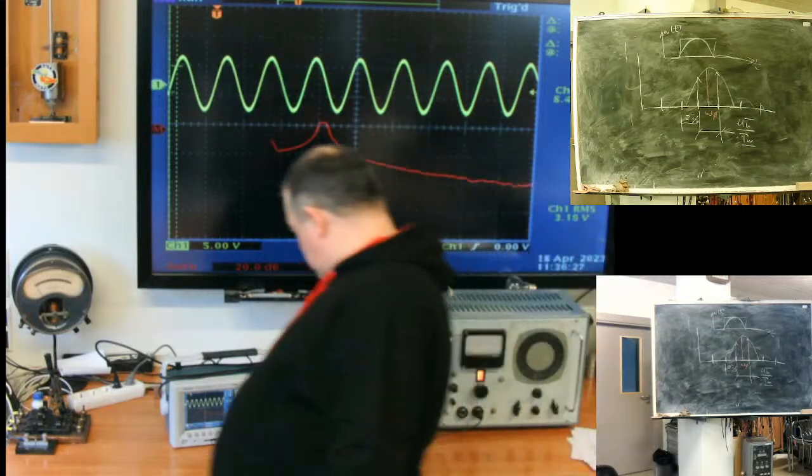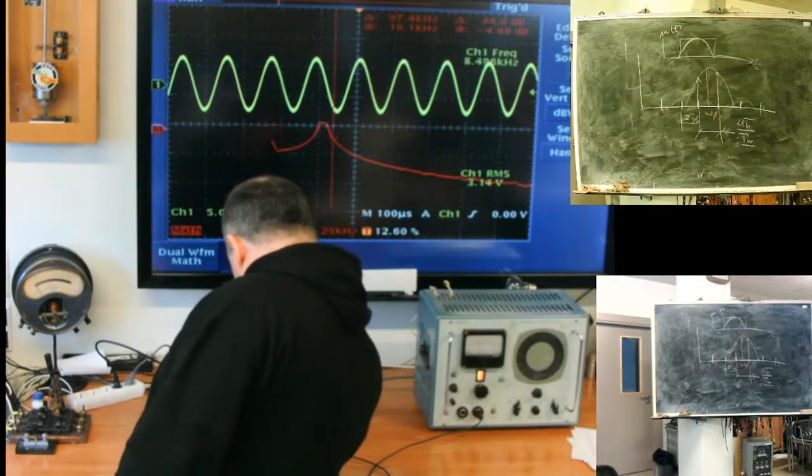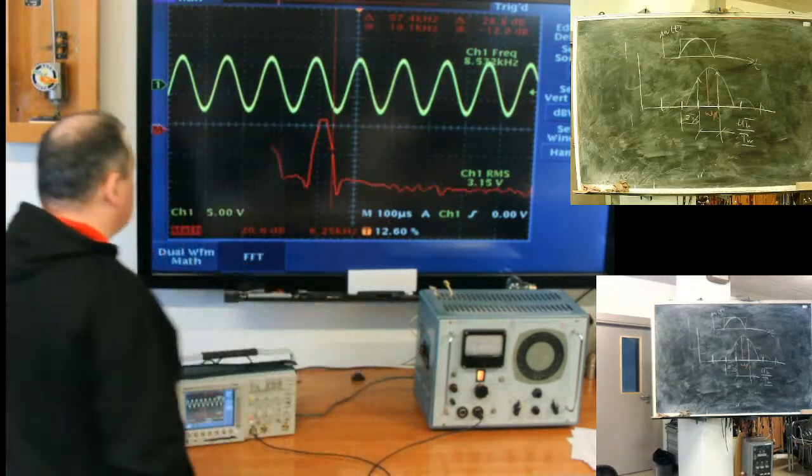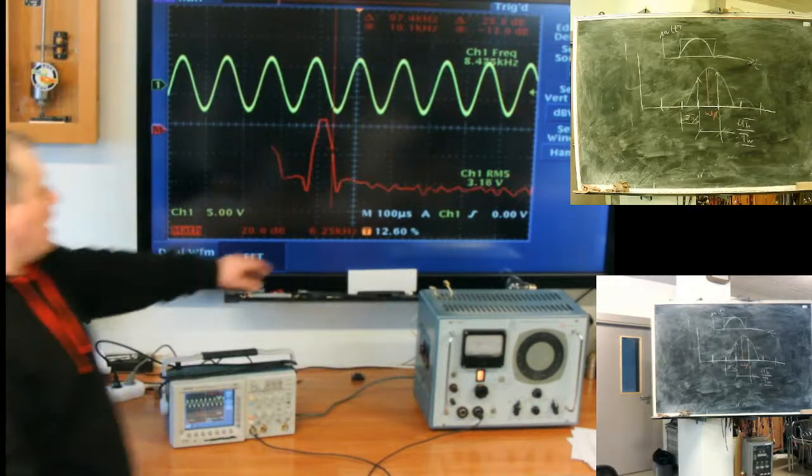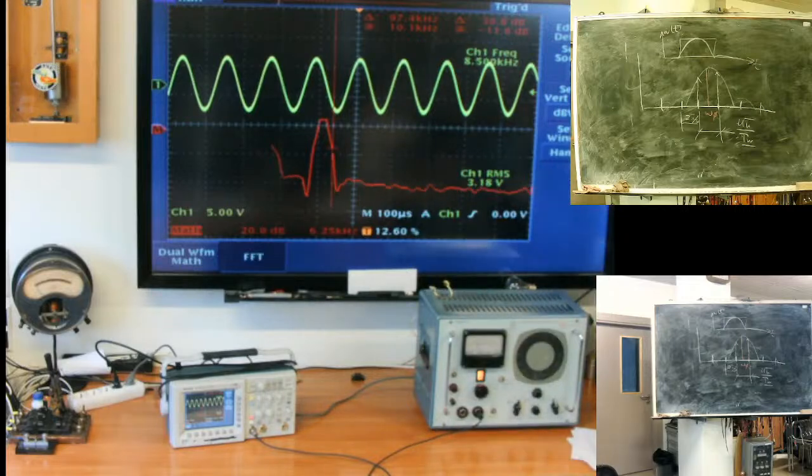Let me push a button. I set the Fourier transform window to something under the name Hamming.